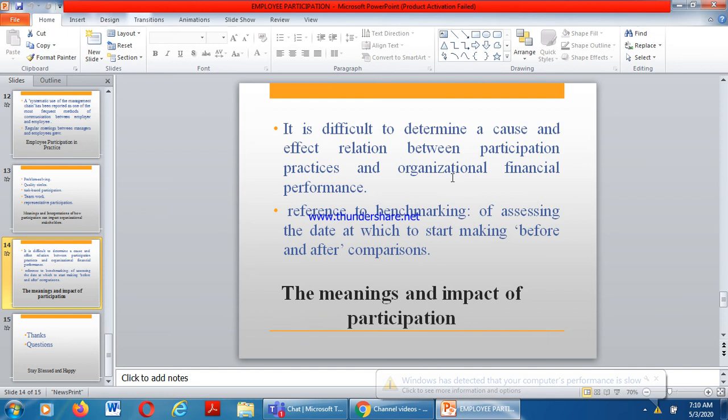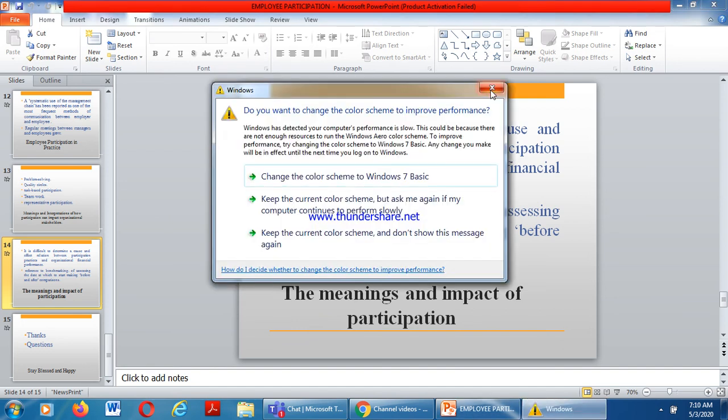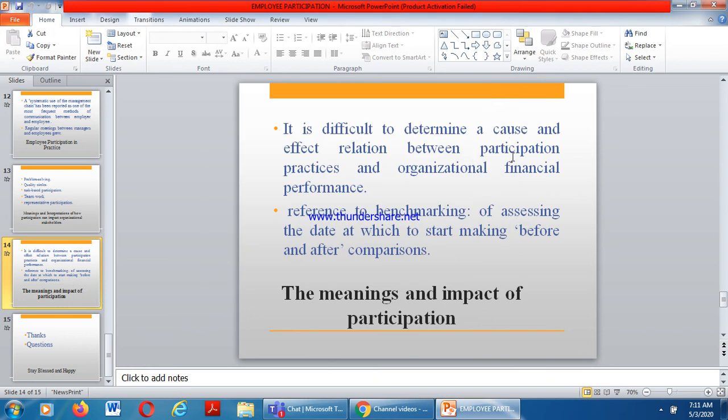So there is the organizational financial performance. Workers' participation is not the only variable which influences performance. There are so many other variables, like machinery, the skills of the workers and the managers, the commitment from top management, the marketing tools, and the industrial position.